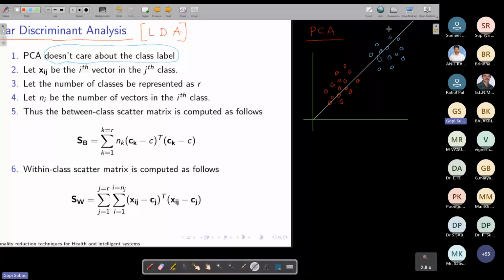But now in case of LDA, what we are going to do is find a new set of bases again.